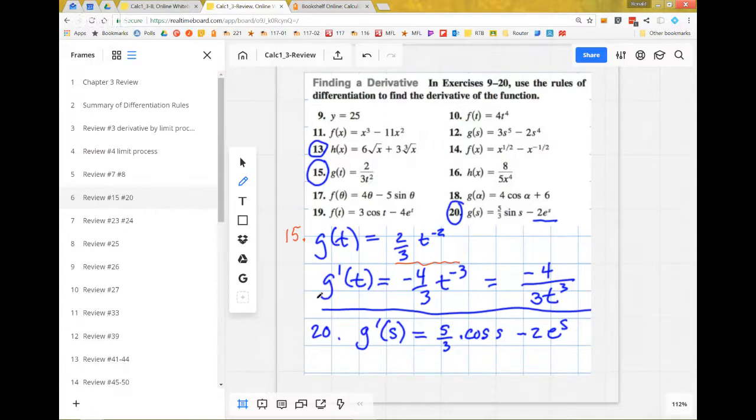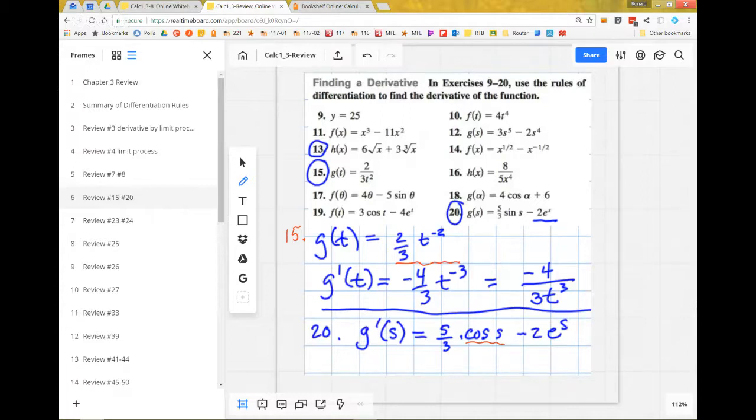Number 20, 5/3 sine s minus 2e to the s. Okay. So what's a 5/3, we don't do anything with. What's the derivative of the sine of s? Cosine of s. And what's the derivative of negative 2 e to the s?